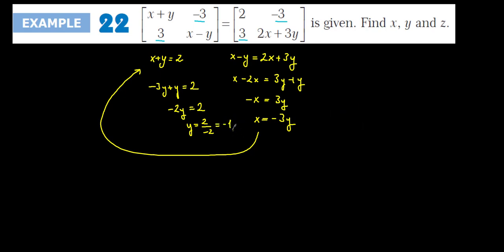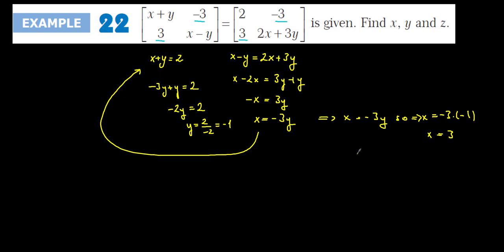If y is equal to minus 1, x is equal to minus 3y, 3 times minus 1, which means x is equal to 3, it has to be.